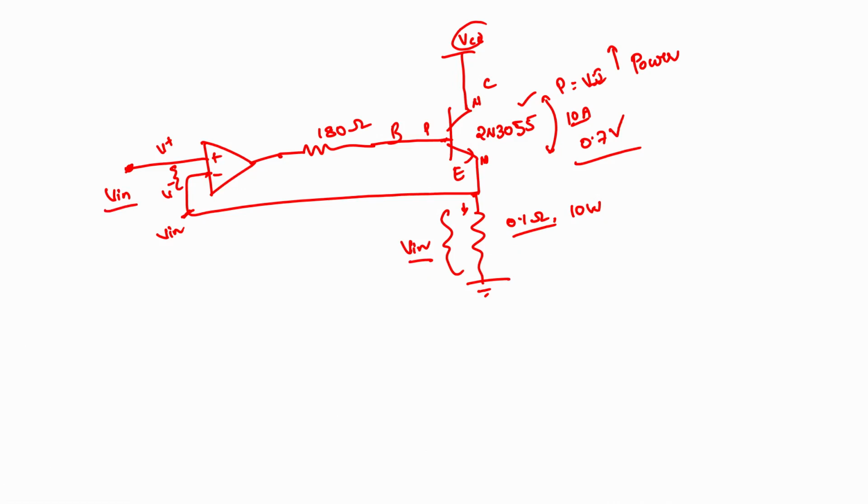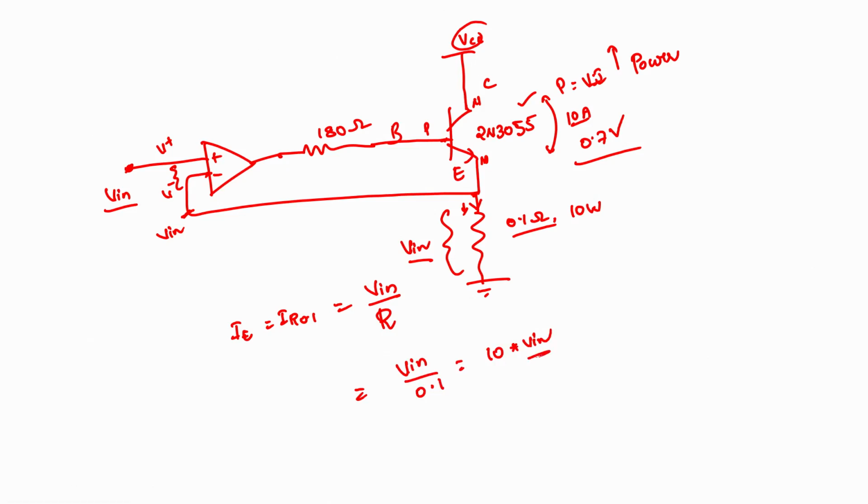So, as a result, when we calculate the current flow through this particular resistor, which is nothing but your IE, or the current flow through the 0.1 ohm resistor, it is nothing but voltage drop across your resistor divided by resistance, right. So, what is the voltage drop? Vin. So, Vin divided by 0.1, which is nothing but 10 times your Vin.